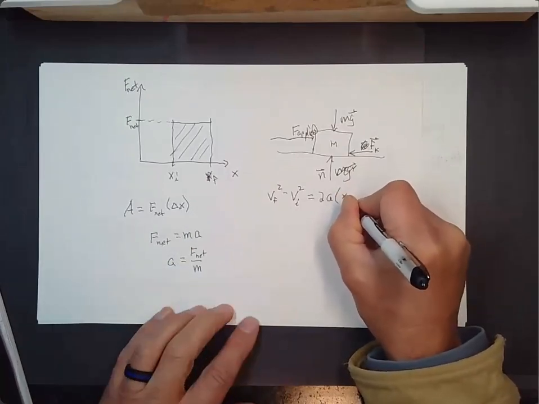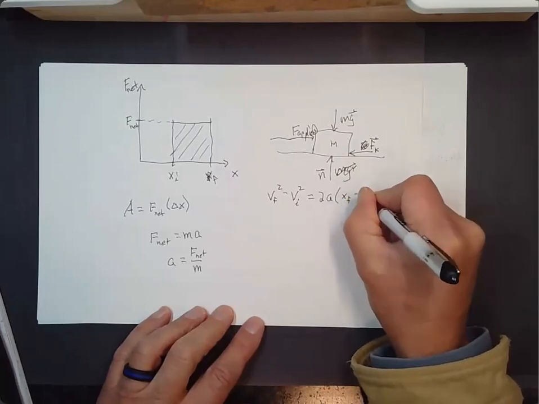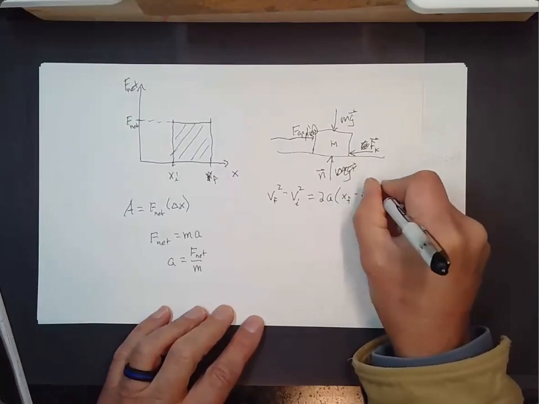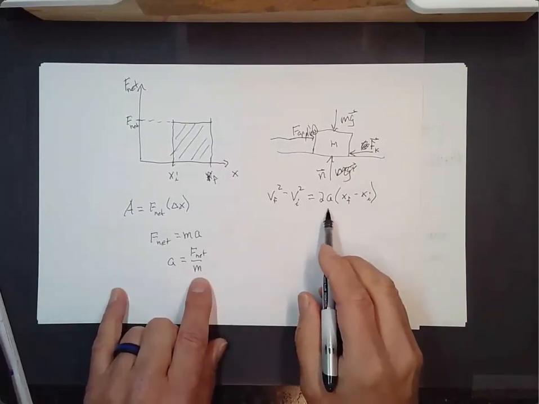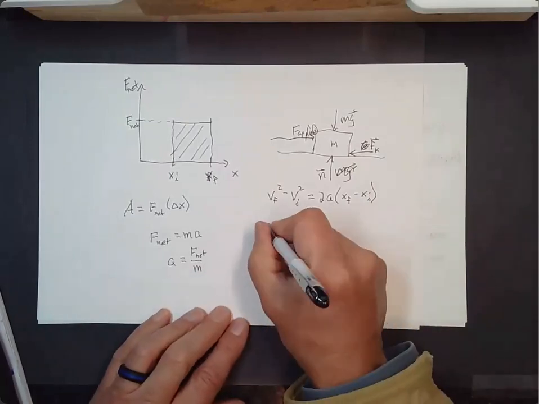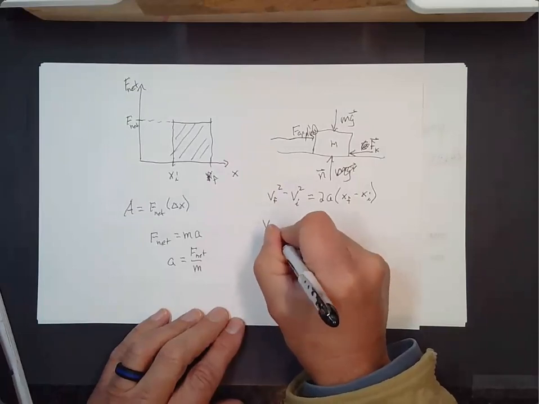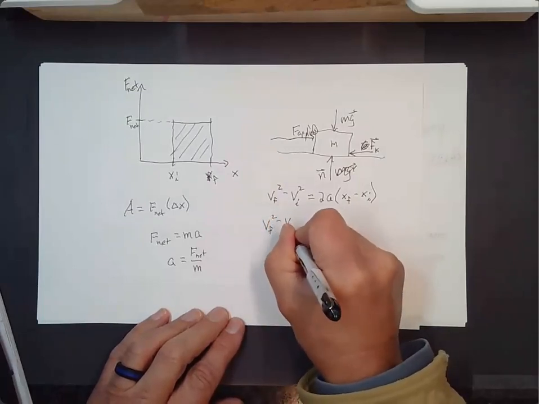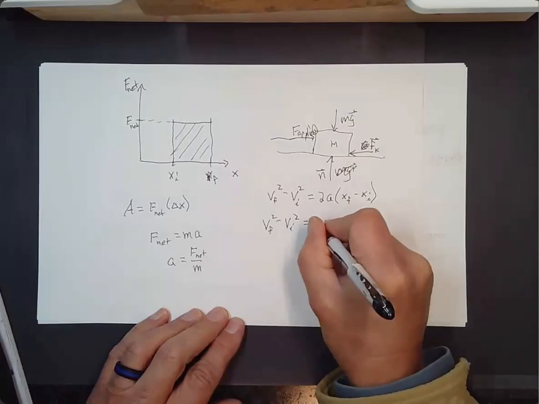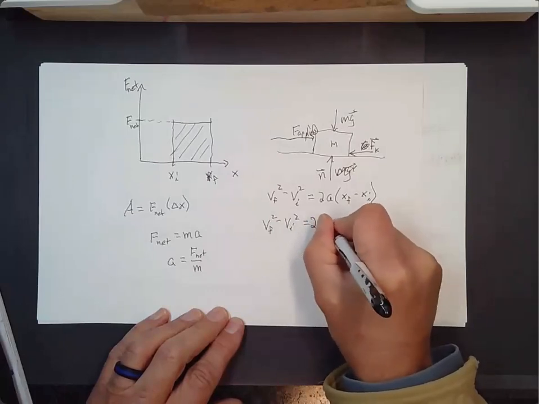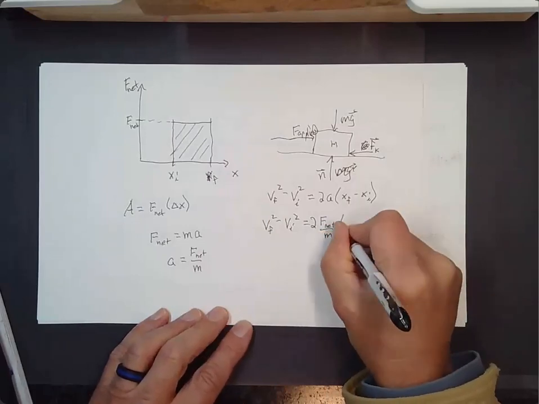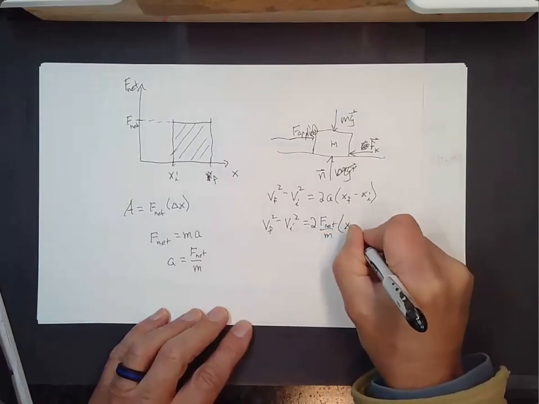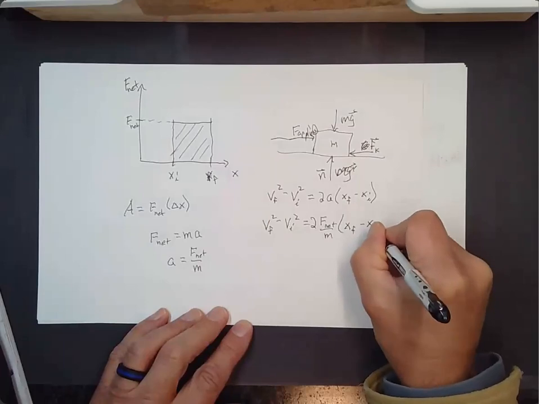Doesn't matter, either one works. And the acceleration is F net over m, so I'm going to plug that in here. And I'll get v final squared minus v initial squared is equal to 2 times F net over m times x final minus x initial.